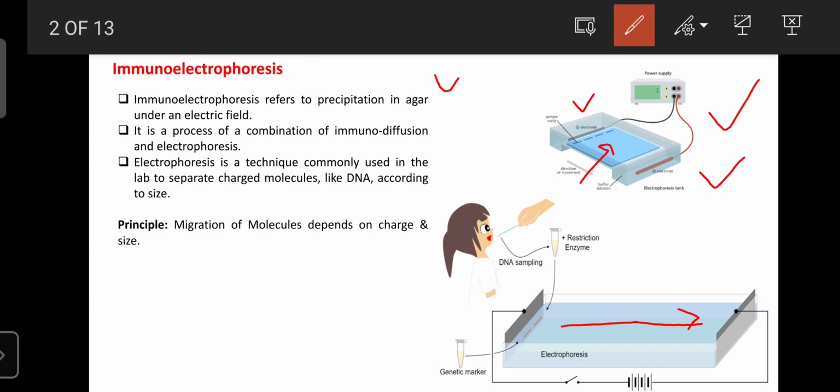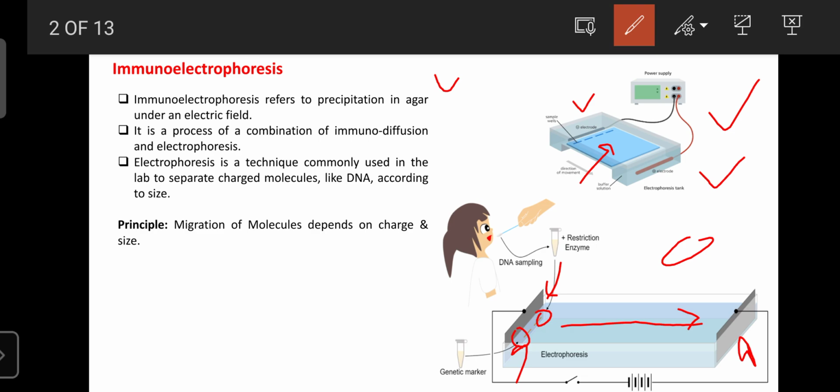Within the well we pour the patient sample. Here one well is there, and there is also a reference standard, so two wells are made. Here the patient's sample is put and here the standard. Then we provide the electrical current.